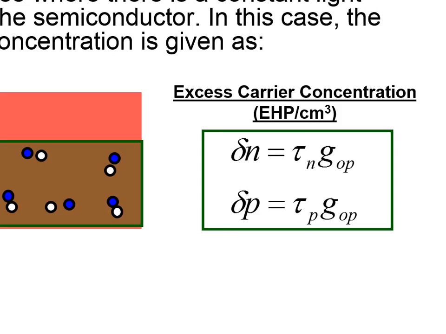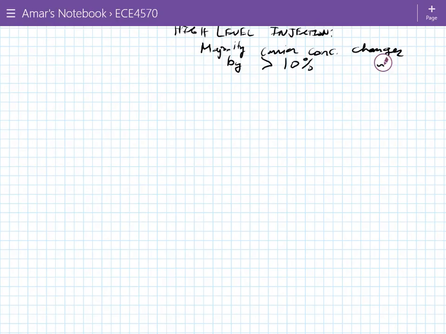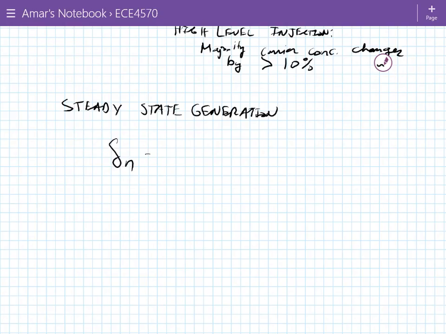So let's put that down here. We're talking about steady state generation. Δn is equal to τn times GOP. The units for τn is given in seconds.